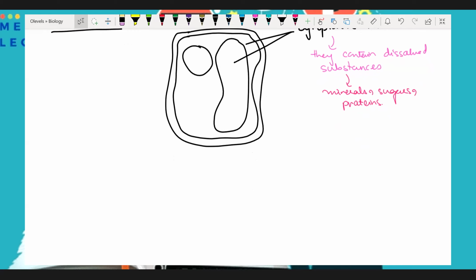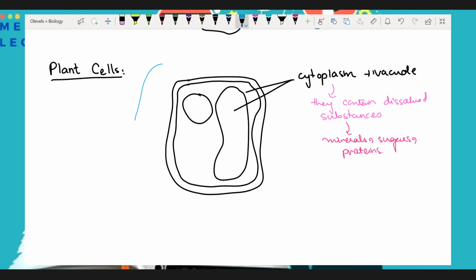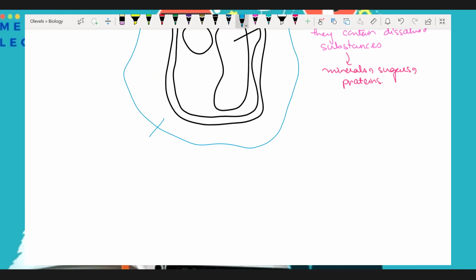So suppose this plant cell was surrounded by a dilute solution. Now, what does that mean? Again, a dilute solution contains a high concentration of water molecules, right?